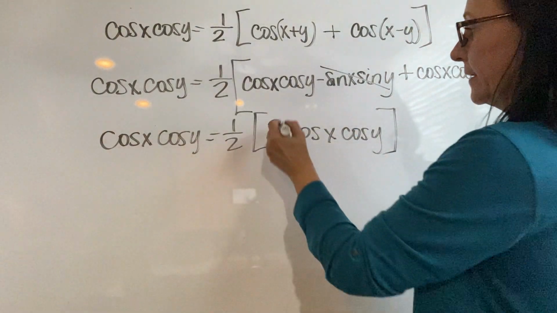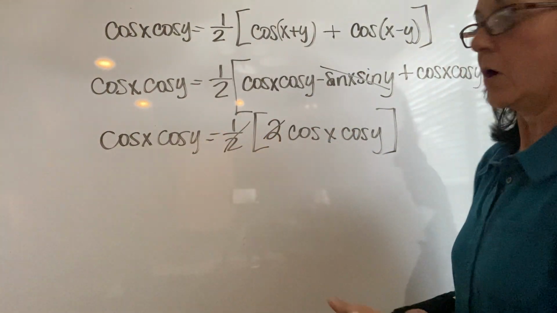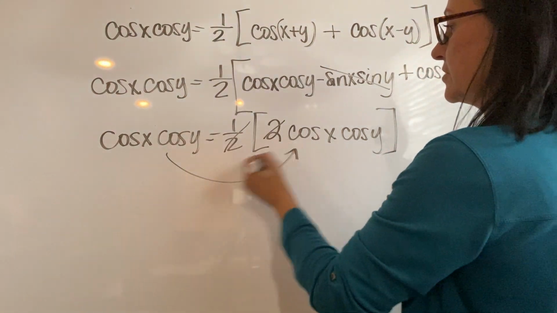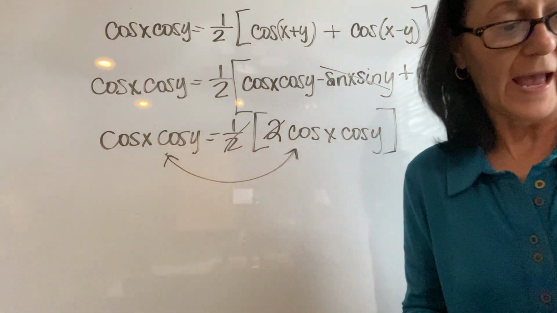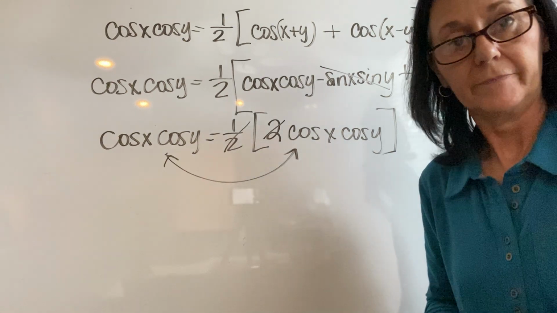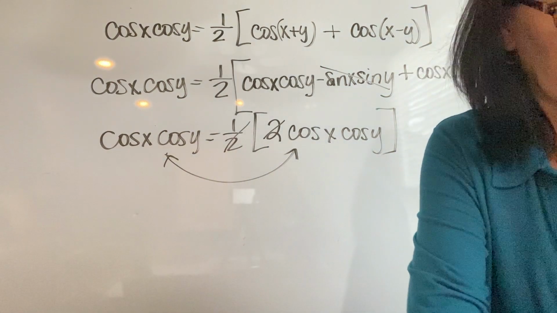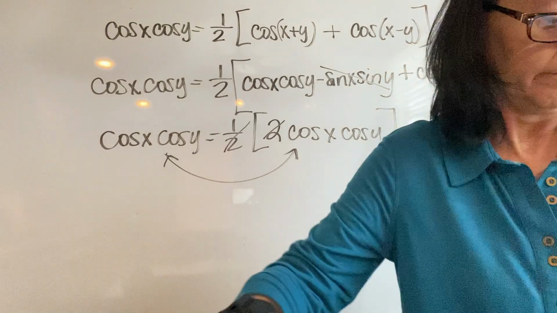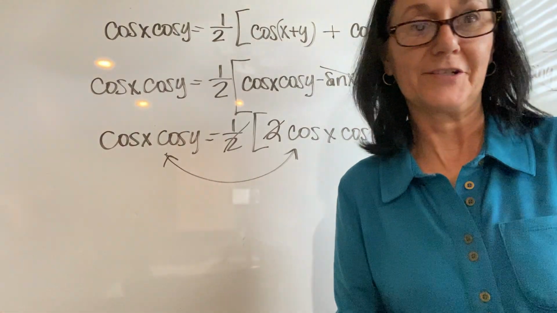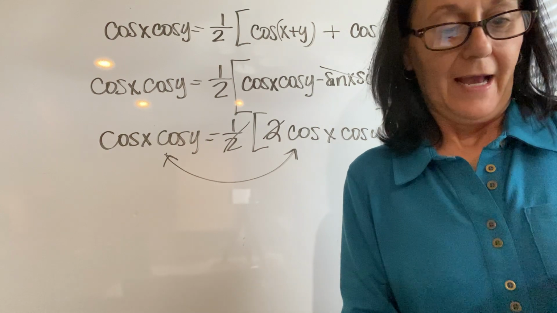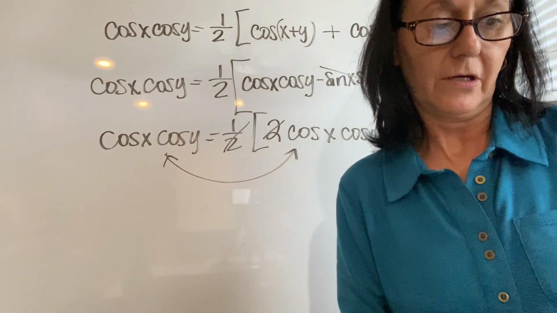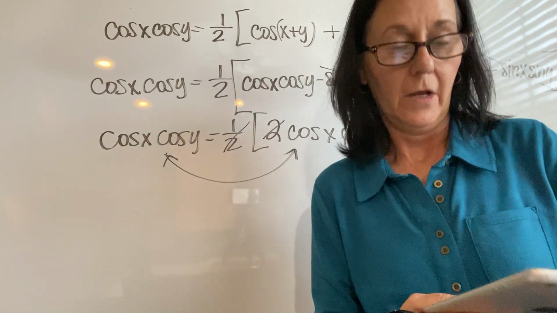Now I multiply. 1/2 of 2 is 1, so these two are, in fact, equivalent, and we just proved it. All right? Easier said than done, right? I know it's hard. We're not going to do example 4.